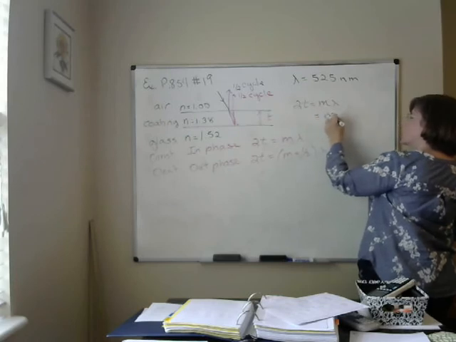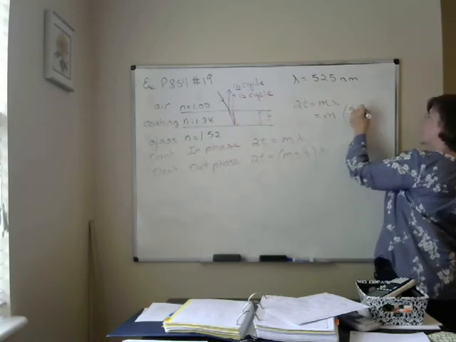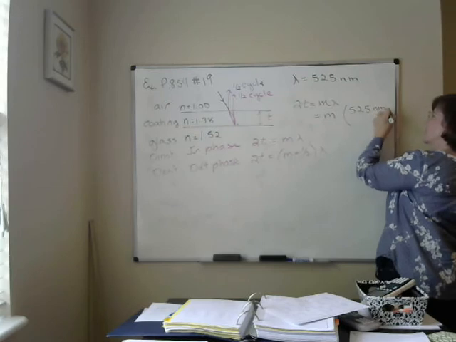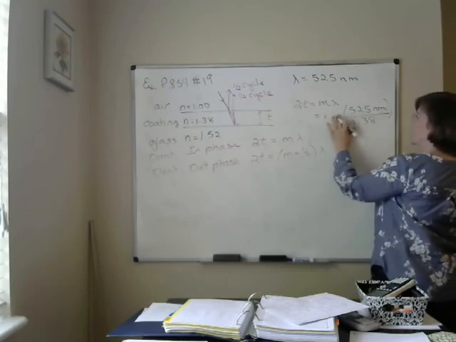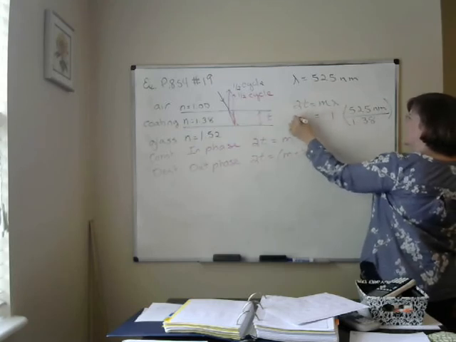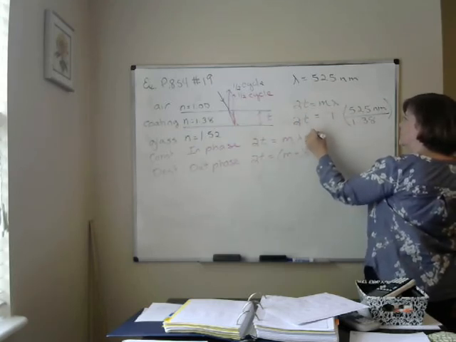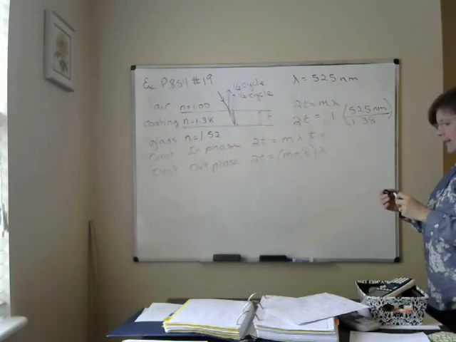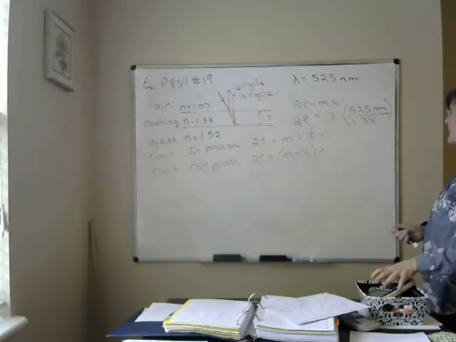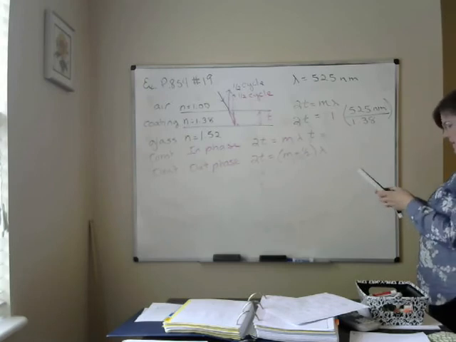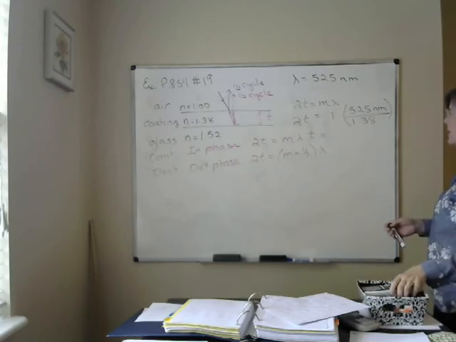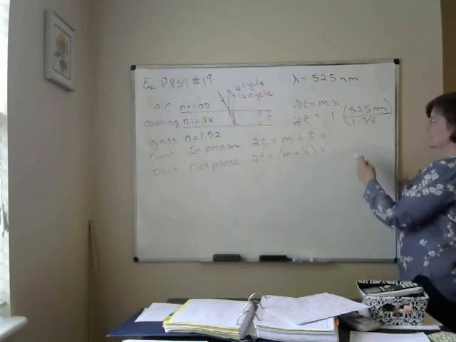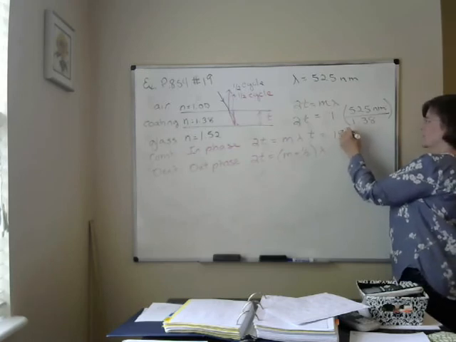And in this case, in the material, that's 525 nanometers over 1.38. We know n is equal to 1. So the minimum thickness that will give us constructive interference, 525 divided by 1.38 divided by 2, is 190 nanometers. And that's the actual answer to the question they ask.